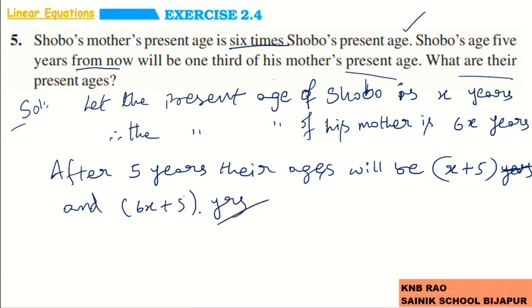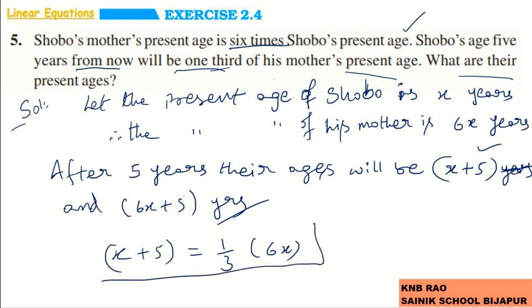Now, coming to the relation, Shobo's age 5 years from now will be 1/3 of his mother's present age. His mother's present age is 6x. So this is the equation we got.